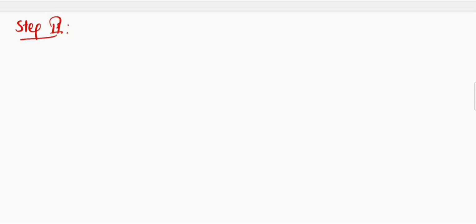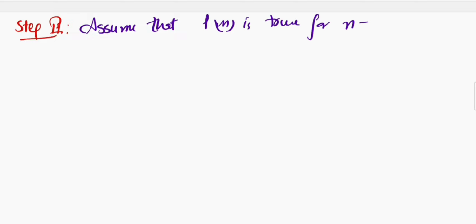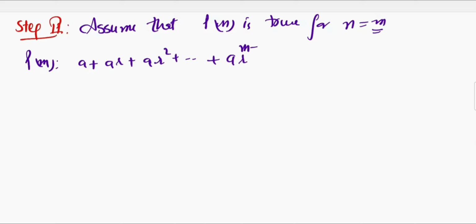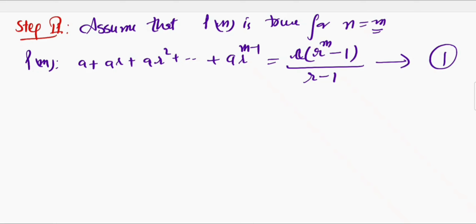Now in the next step, we assume that Pn is true for n equal to m. Means Pm: a + ar + ar² and so on plus ar^(m-1) is equal to a(r^m - 1) divided by (r - 1). I'll take this as equation number 1.